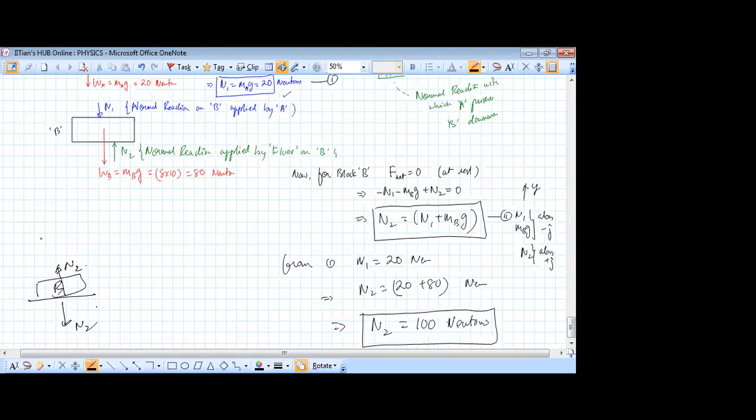Okay. Whereas N1 is the action reaction pair which is acting between A and B. B is applying upward, A is applying downwards. So these two are an action reaction pair.